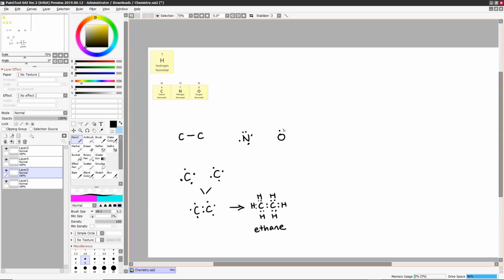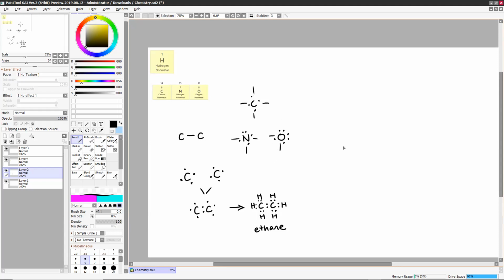Oxygen has 6 electrons in its valence shell, so it'll have only 2 unpaired electrons. The amount of unpaired electrons also determines the amount of bonds it can form. So nitrogen can form 3 bonds like that. Oxygen can only form 2 bonds, and carbon can form 4 bonds.